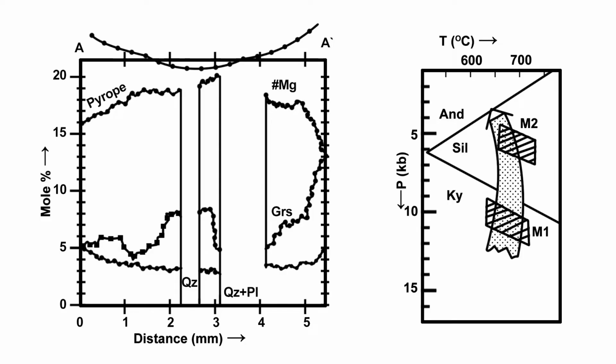Third, zoned poikiloblastic garnet. A large garnet in metamorphic gneiss from the Grenville province, Tuccillo et al. 1990, is subjected to chemical analysis. A traverse across the AA line, 5 millimeters long, is taken by EPMA and the chemical zoning profile is shown graphically.